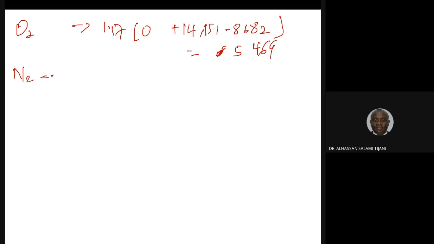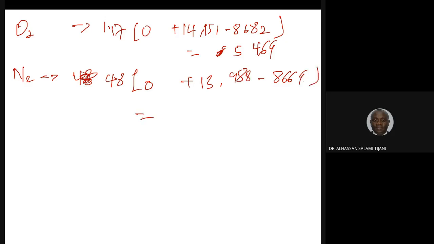Lastly, for nitrogen, I'll have 48 kilomoles of nitrogen. So I have 0 plus 13,988 minus 8,669. This gives us 5,319.